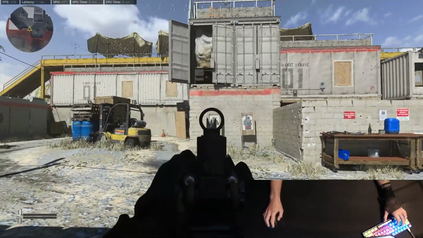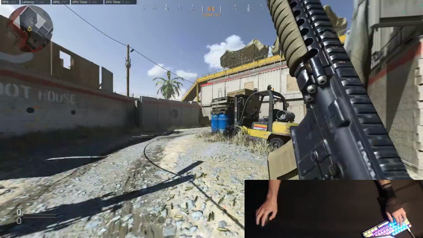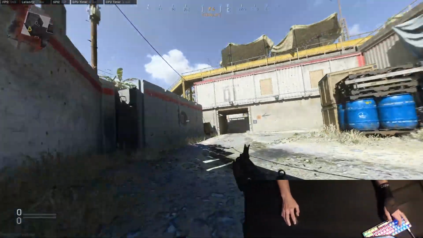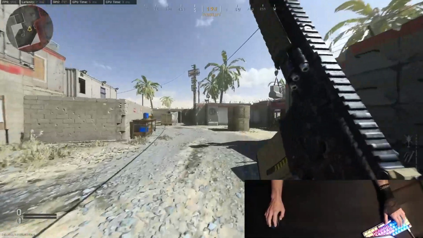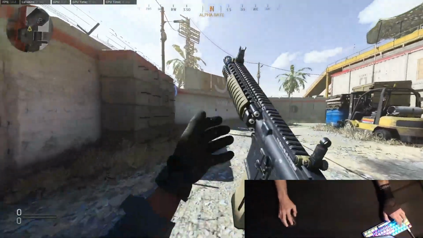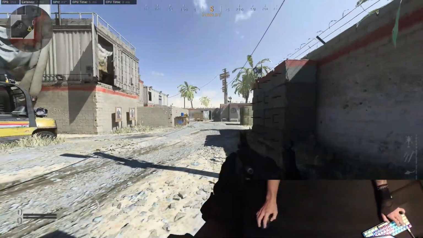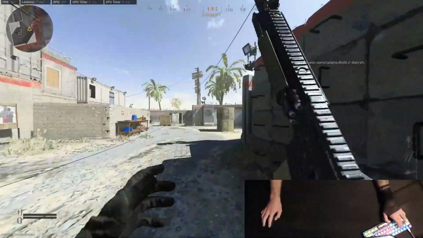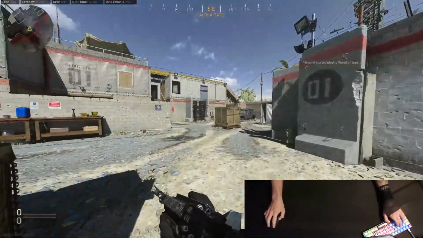So little micro stutters and stuff don't present themselves. The problem with having a lower sensitivity is your mobility is changed. Now, in order for me to fight somebody that may be coming up behind me or something like that, I have to move my mouse much further, which takes more time to get to them to fight them.